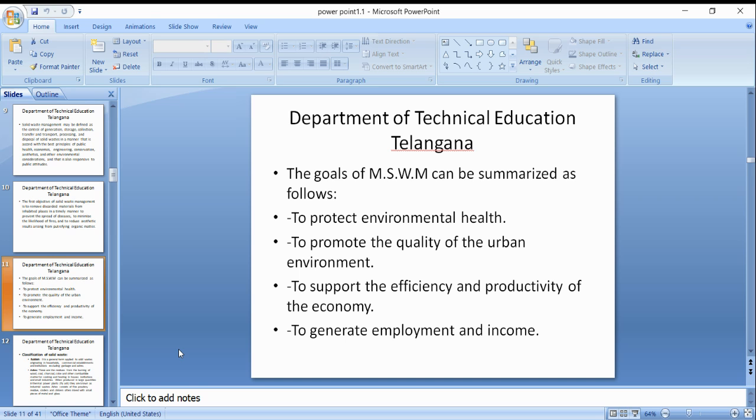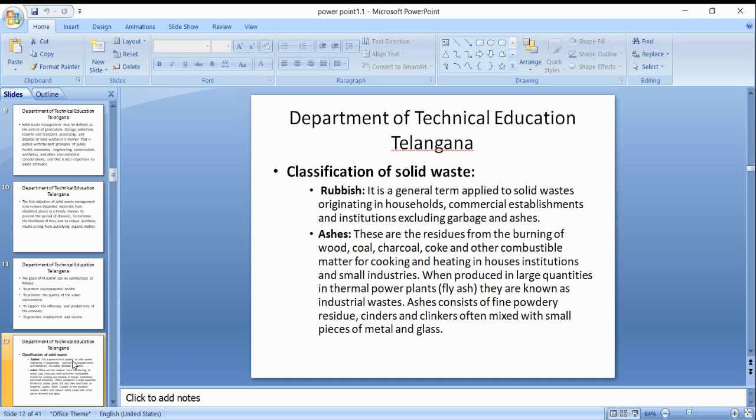If we clean the environment, efficiency and productivity also increase. If industrial areas are cleaned thoroughly, we can increase our economic base also.